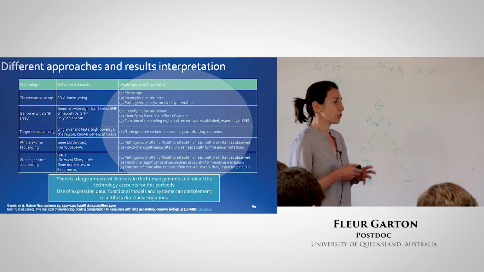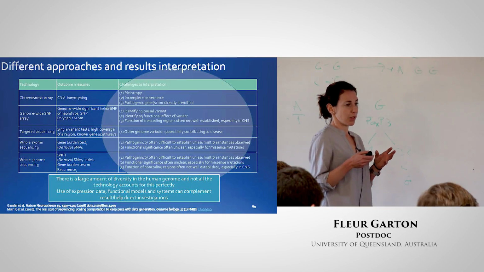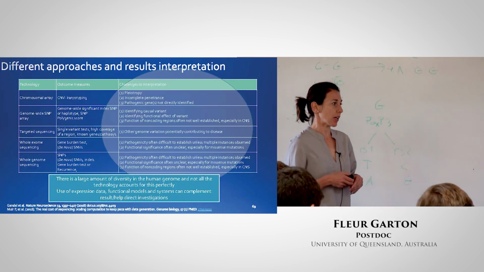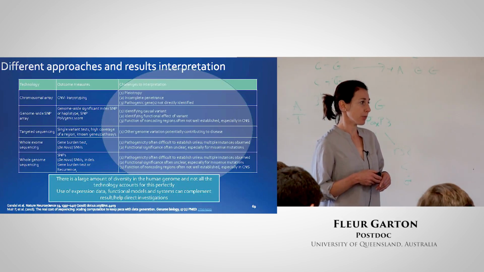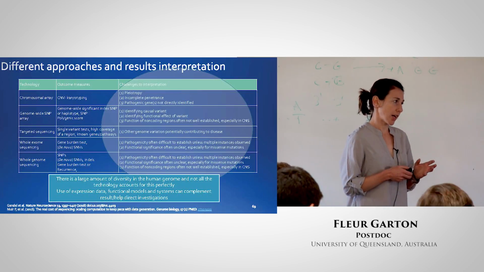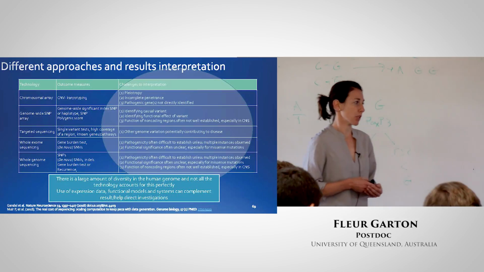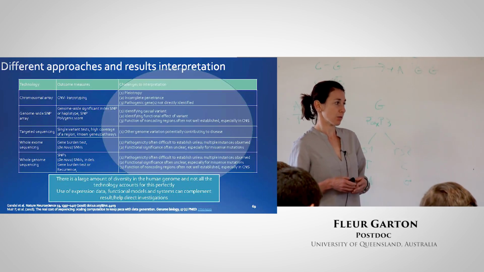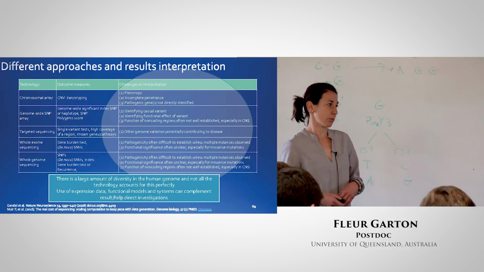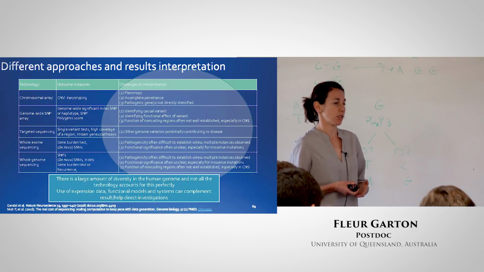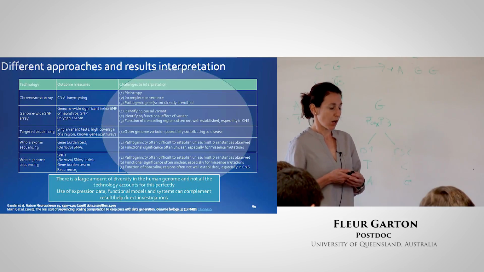I think we're quite aware that there is a very large amount of diversity in the human genome. Not all the technology accounts for this perfectly, and there is expression data, functional models and systems that can complement and help direct investigations, and that's what we'll talk about next.